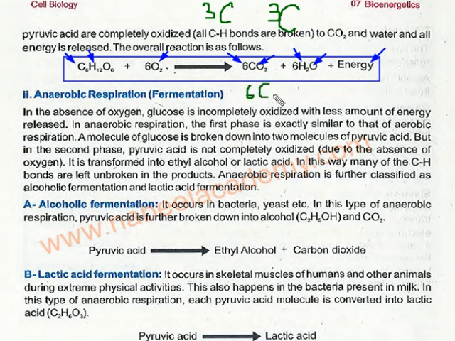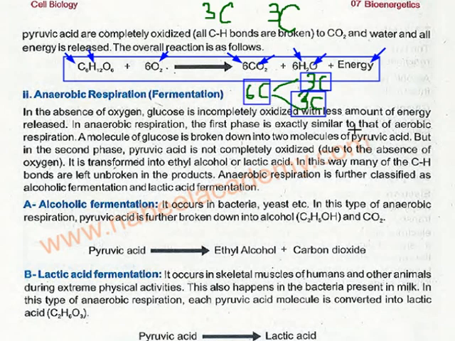We have the substrate, 6 carbon, which is glucose. The first phase was the production of 2 pyruvic acid molecules. This is pyruvic acid, and this is also pyruvic acid, and this is glucose. Understand? This is the first phase.